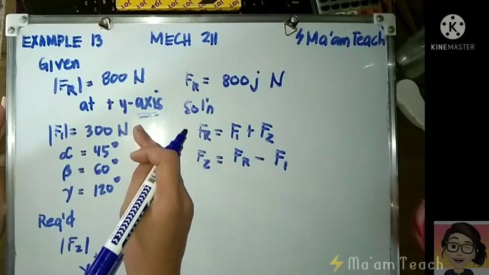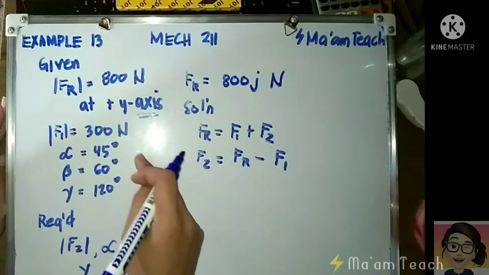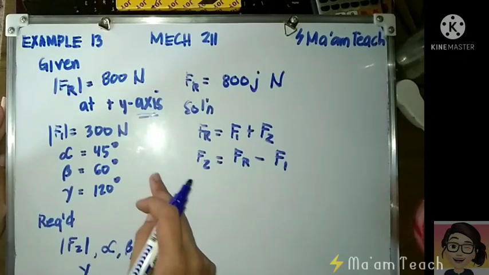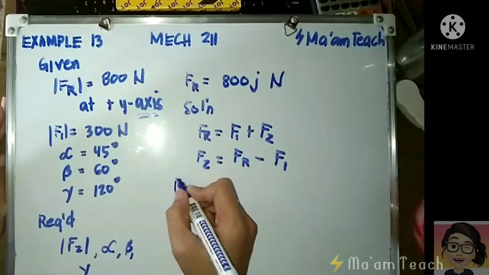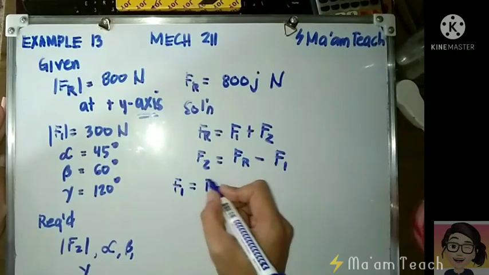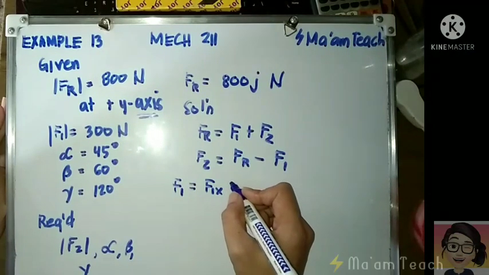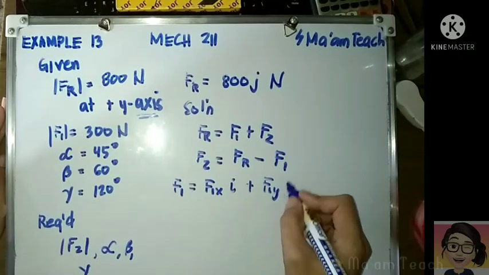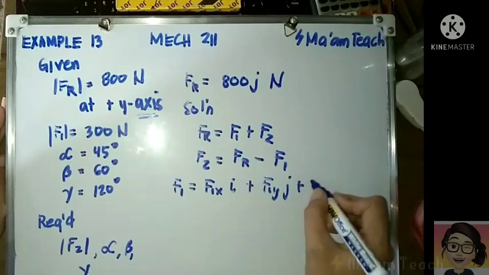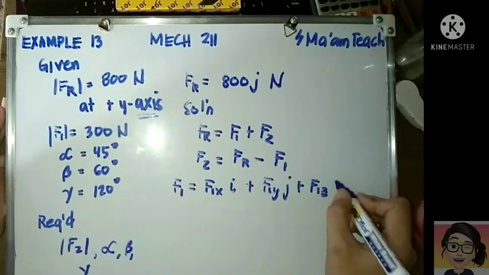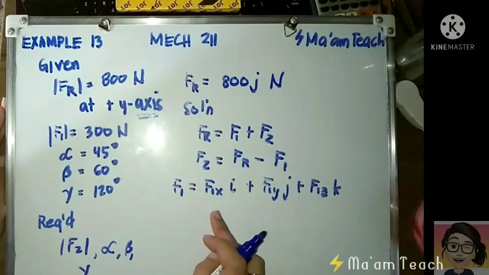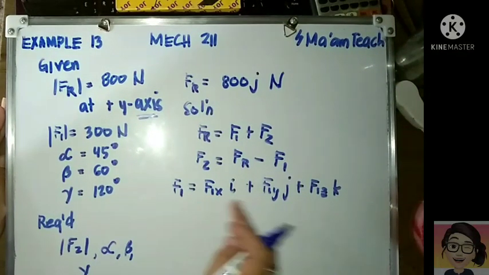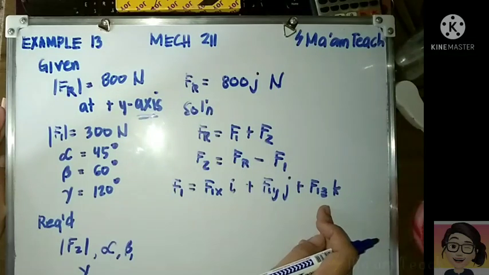Now, given the magnitude as well as the direction angles, we can express our F sub 1 as F1x i plus F1y j plus F1z k. So, these are its x component, y component, and z component.